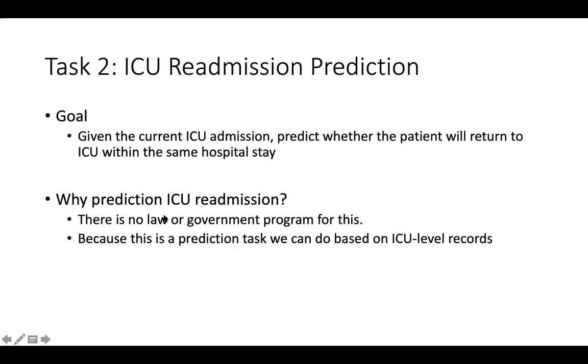Task 1 was a hospital level thing, so we needed hospital level records to do task 1. But in task 2, all we need is ICU level records.